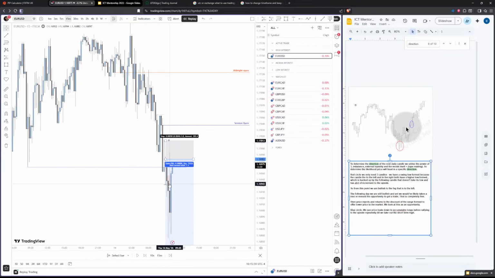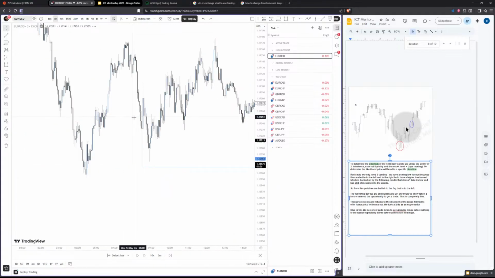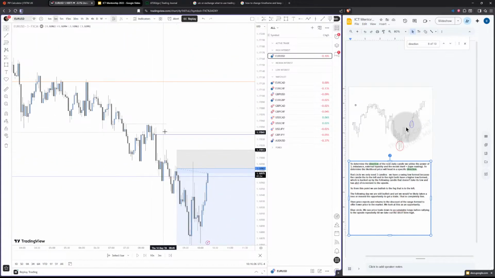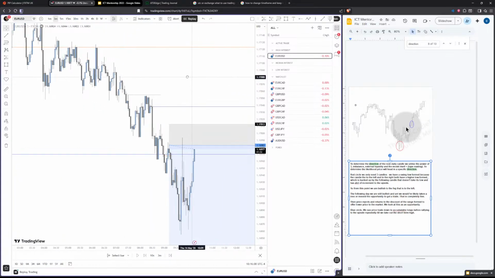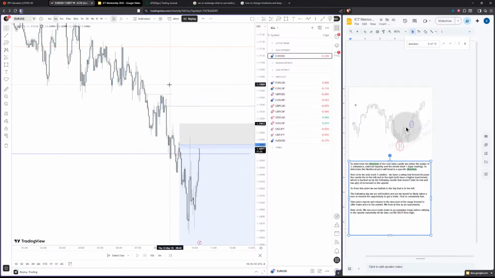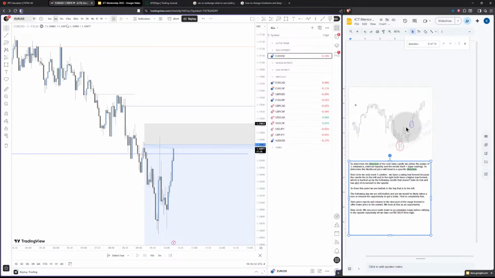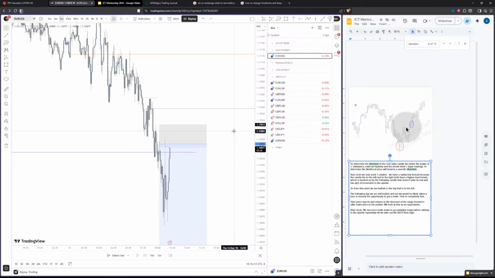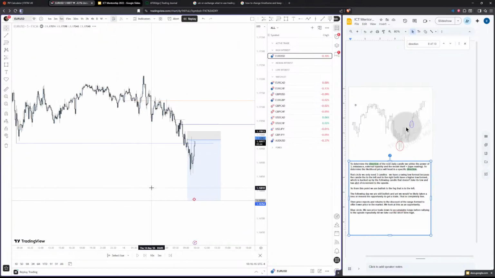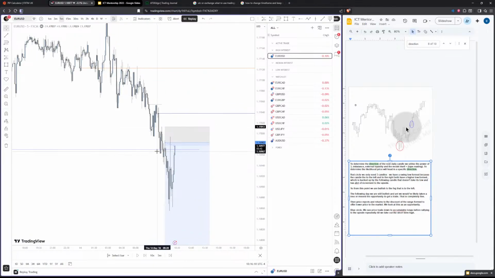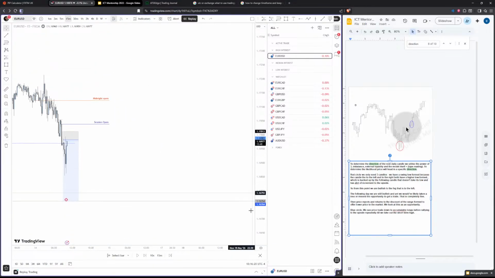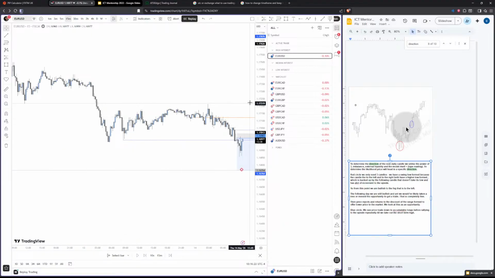All the way back up to entry. I have no clue what the move is.